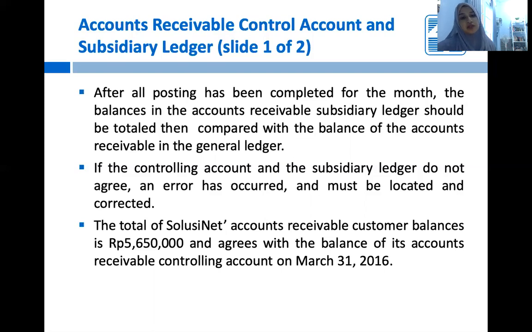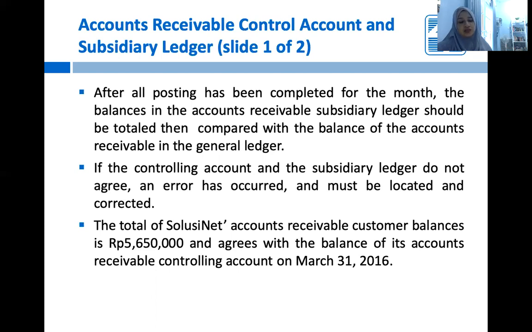That's why it is called a controlling account, because it provides the benchmark or the reference. Let's say in this example, the total of Solusinet's accounts receivable customer balances is 5,650,000. It must be the same as the balance of the accounts receivable controlling account in the general ledger at the end of the month.